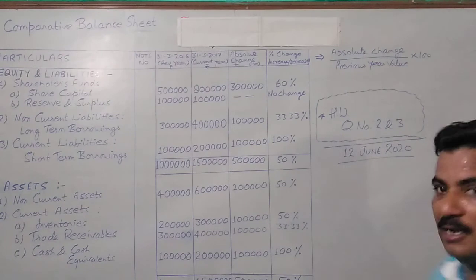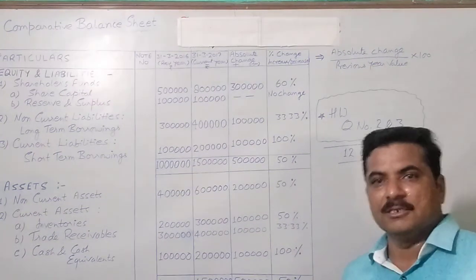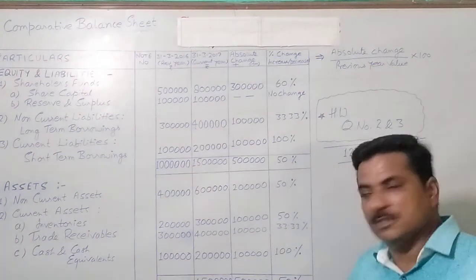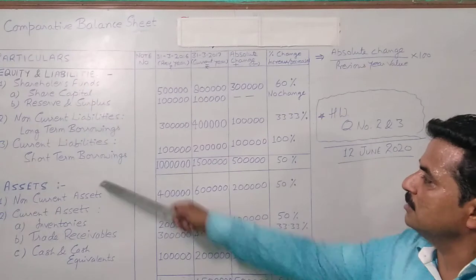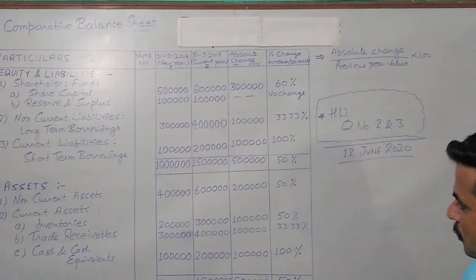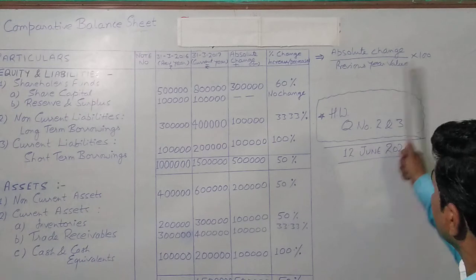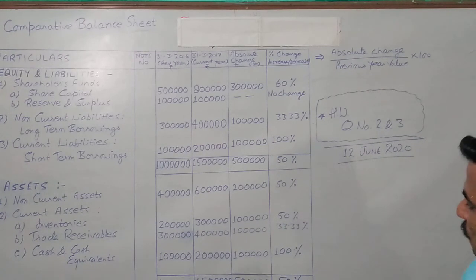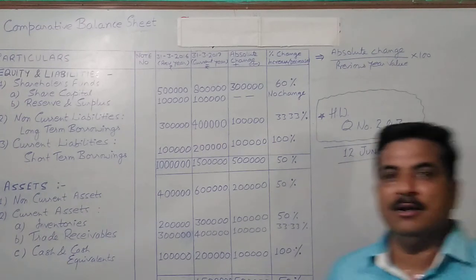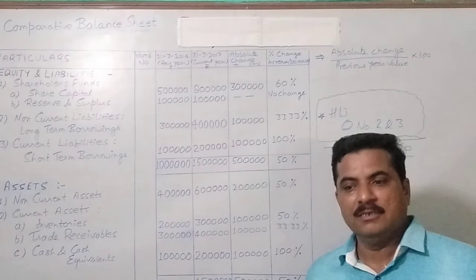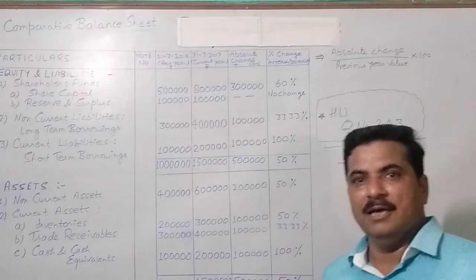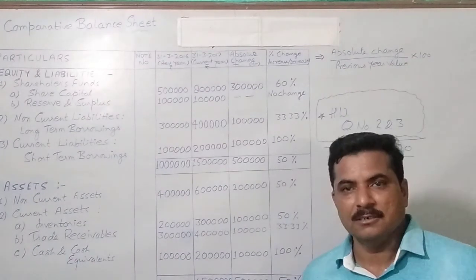In the same way, for total assets, 5 lakh divided by 10 lakh into 100 becomes a 50% overall increase between last year's and the current year's balance sheet.